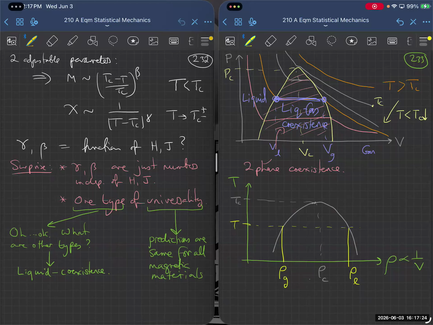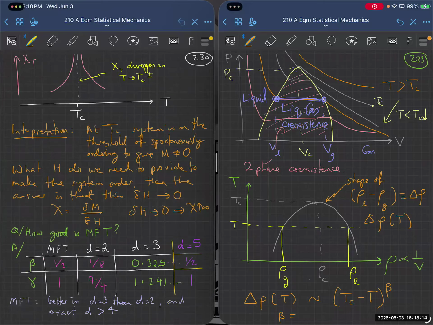And the answer is that delta rho of T goes like Tc minus T to the power beta. And that power beta is 0.325, blah, blah, blah. The same beta that I had for the magnet. Well, this is the beta for the liquid gas coexistence. So that is quite amazing.